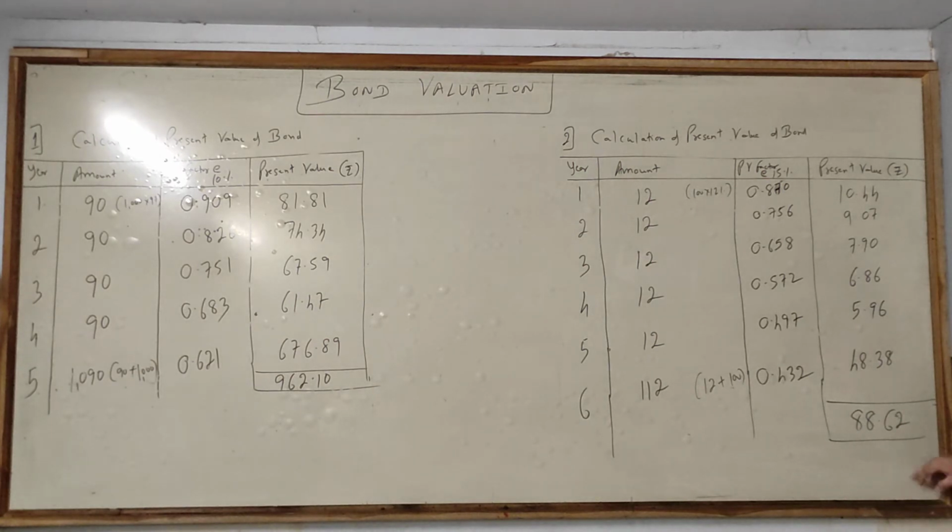Present value is 88.62. That means if I intend to buy, this is the fair value. If it is available at this price or lesser than this price in the market, I go for it. But it is available at what price? 90. This is a little bit expensive, so I should avoid it.